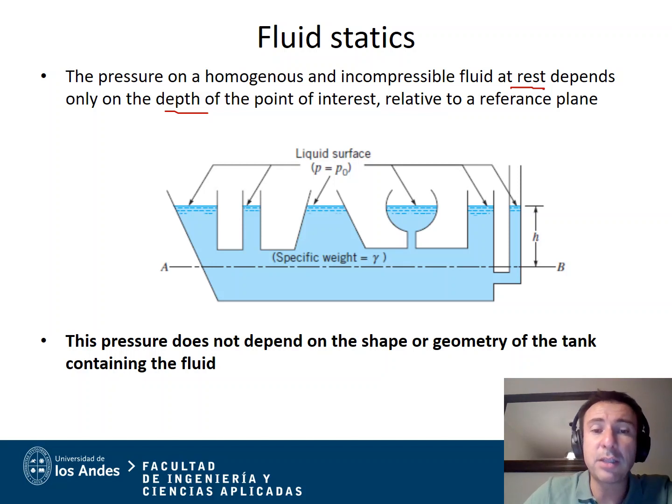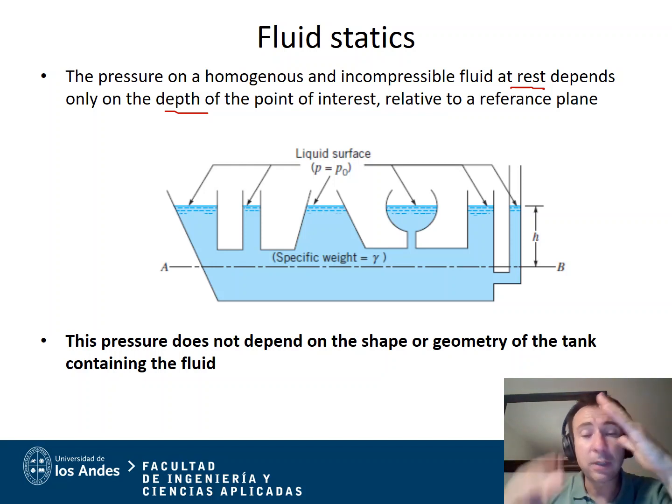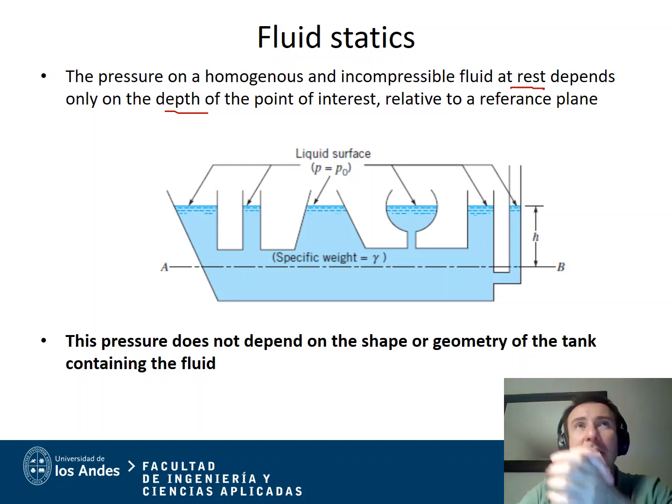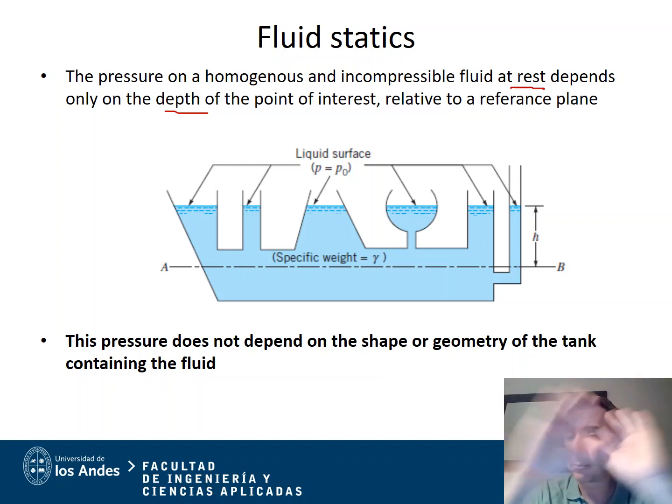This pressure does not depend on the shape or geometry of the tank containing the fluid. If you have a triangle and you are measuring the pressure 1 meter below a triangle of water, a square of water, a sphere of water, if you're measuring 1 meter below and it's the same fluid at the same temperature, same pressure, no changes.